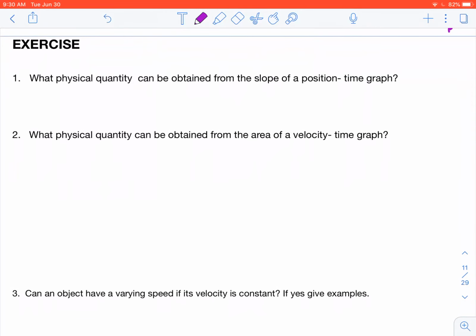Okay, now let's look at the exercise. What physical quantity can be obtained from the slope of a position time graph? We've been dealing with that. From a position time graph, we can obtain the velocity.